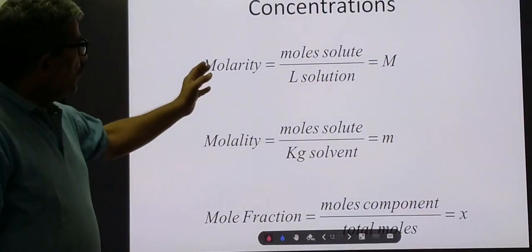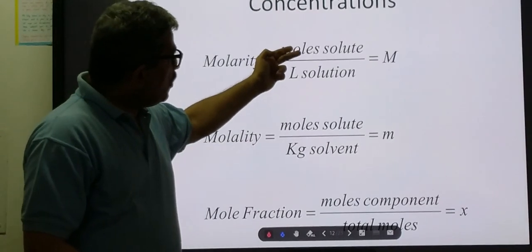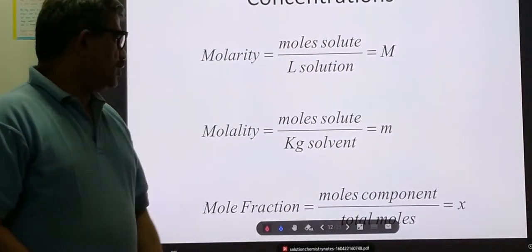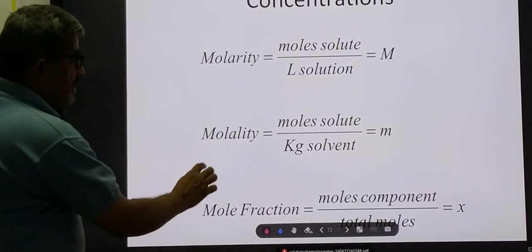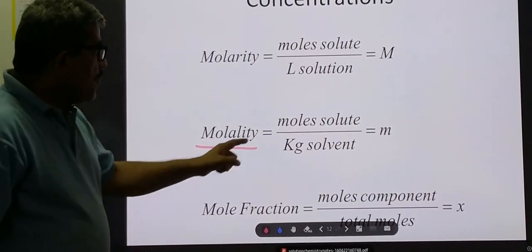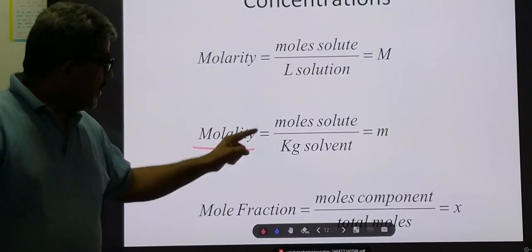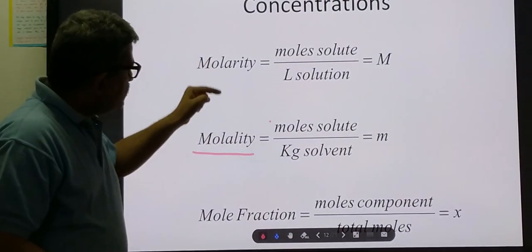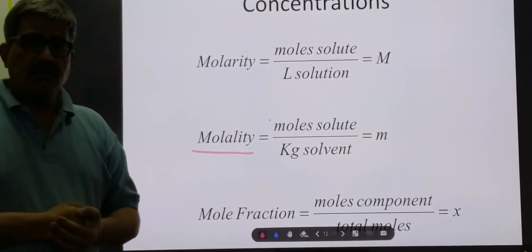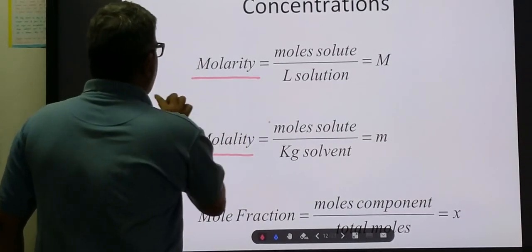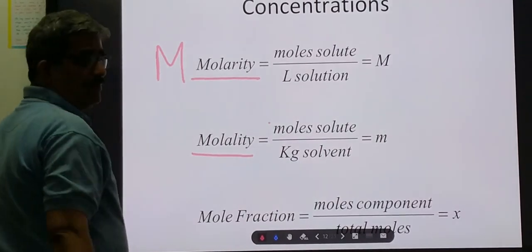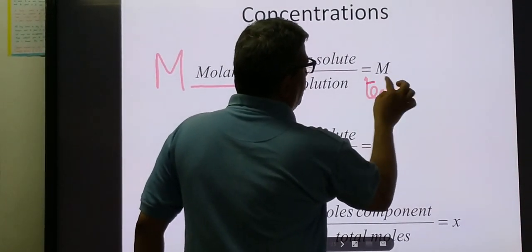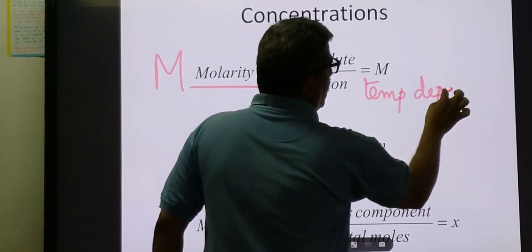What are those? Molarity. It is number of moles of solute per 1 liter of solution. Whereas molality, moles of solute per kg of solvent. Now what is the difference between these two things? This one, molarity, which is indicated with the M, is temperature dependent.